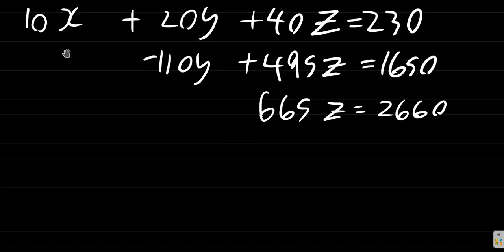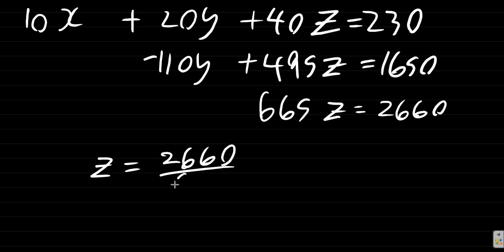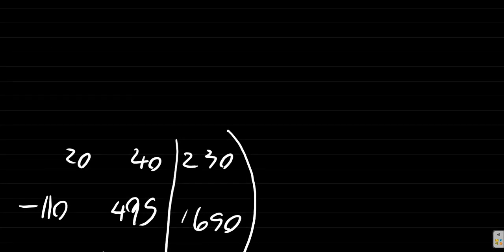Okay. So what's going to happen here now? We can find z. Z, I normally write a little horizontal line across my z, so that you don't confuse it for 2. Alright. So 2660 over 665. What is that? You should get 4. So you have z equal 4.